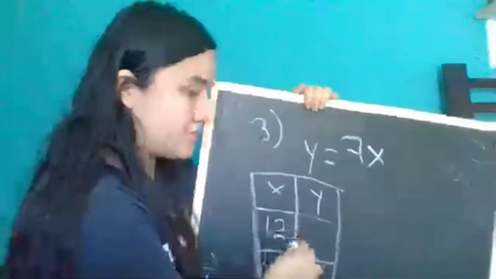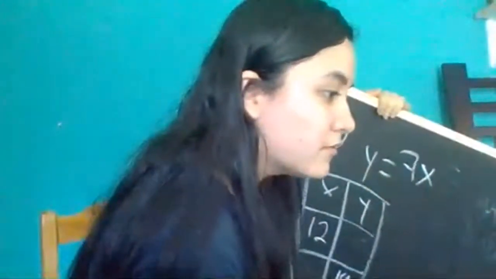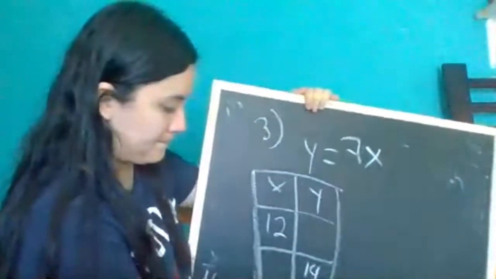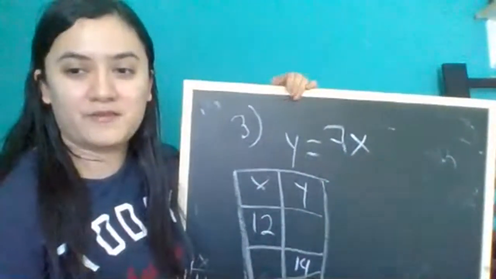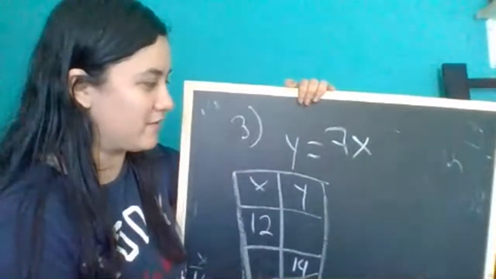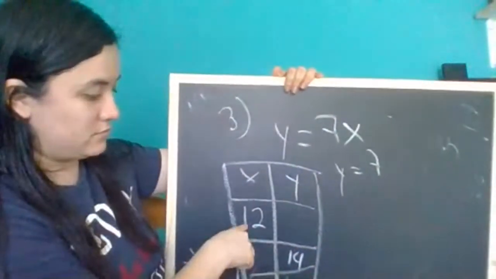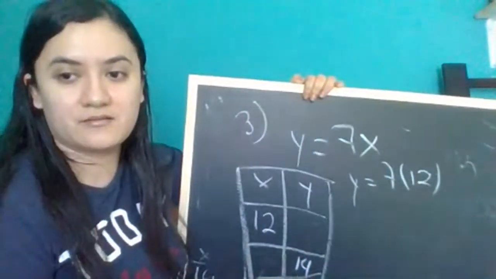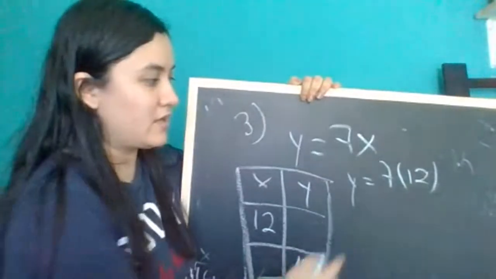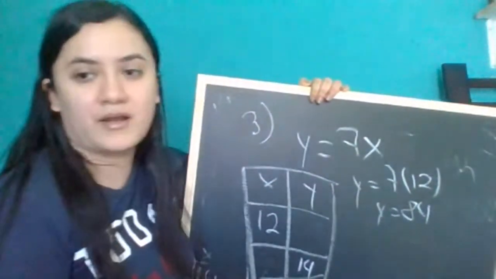The difference here, 12, we have 14, and we have 8. So now let's see. 84, very good, but let's do it. So we say y equals 7 times 12 because I need to substitute the x, right? And 7 times 12 is 84. Excellent.